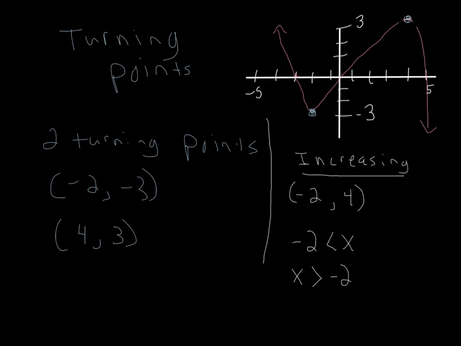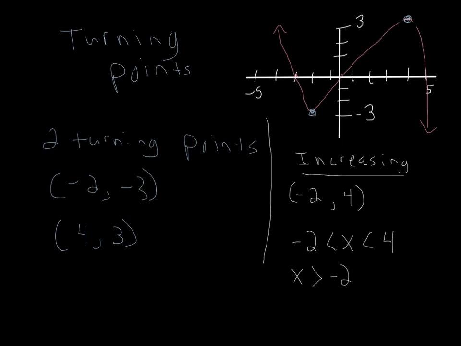So in order to show that, our x value has to be less than 4. Once again, our x value is 4, we want it to be less than, so somewhere in here. You can see that x is sandwiched in between -2 and 4. That's the x value that we want for our increasing interval.